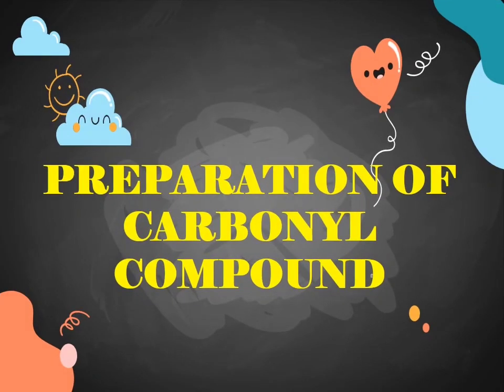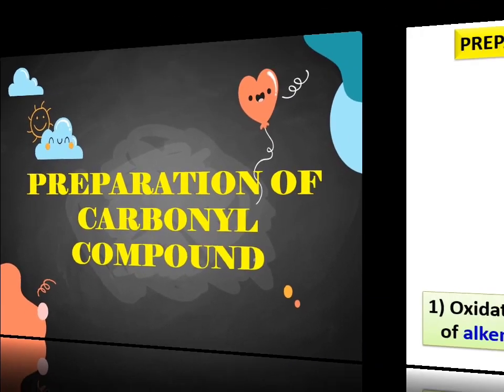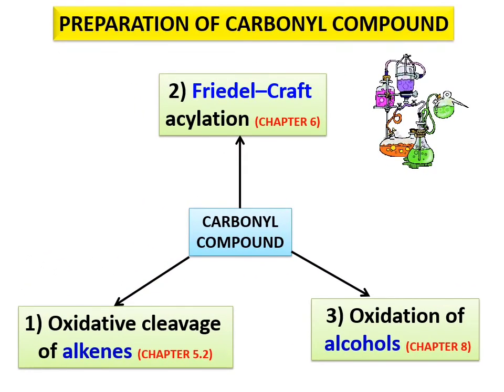Alright, next we look at the preparation of carbonyl compounds. Okay, so preparation of carbonyl compounds we already learned in the last chapter. So I will not teach you here because you can refer to the previous video.